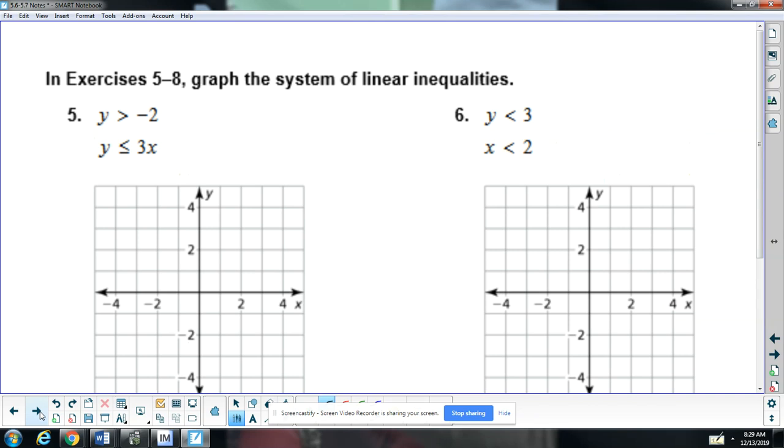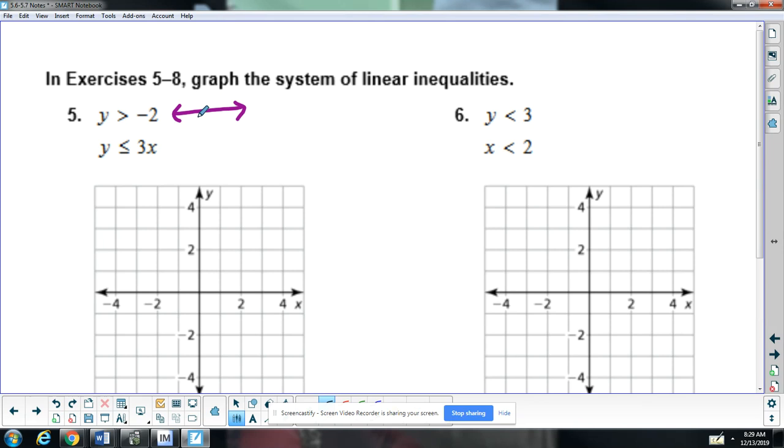Okay, next we have our graphing. So remember, when we graph, we want our equations to be in the form y equals mx plus b. Then in these cases, instead of an equal sign, we will have an inequality sign, but we still want to be able to have the y by itself so we can identify slope and y-intercept. Okay, so y is greater than -2. We did problems like this yesterday.